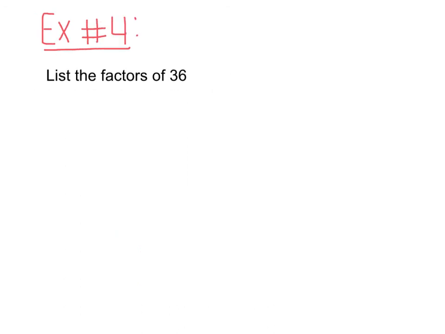And then our last example is factors. You guys should be experts at factors because we've been doing them on number of the day since the beginning of the year. So list the factors of 36. So basically we're saying what two numbers multiply together to get 36. So on our number of the day, we usually do it like this. We make two columns and we kind of write one on one side and the other on the other.